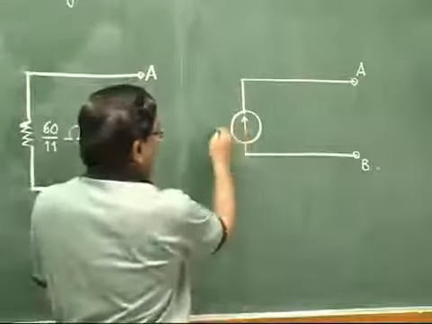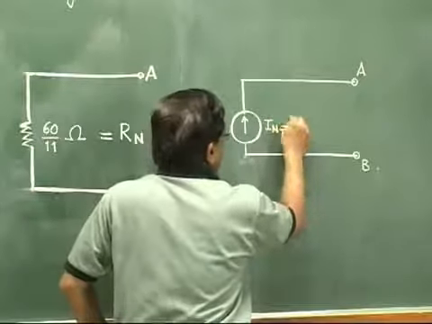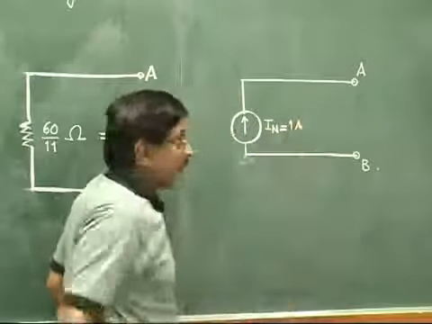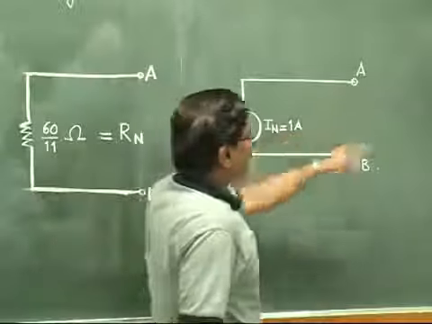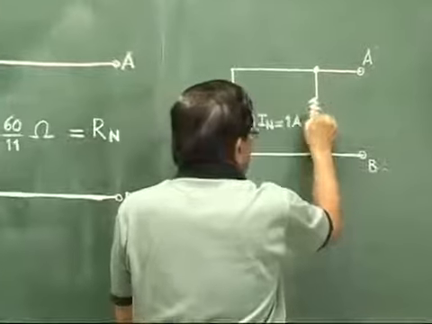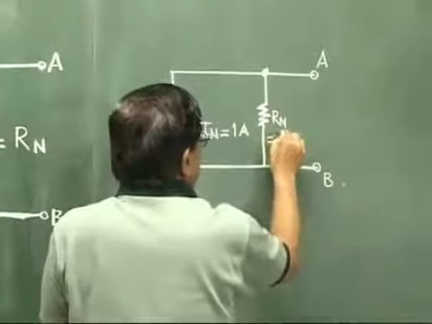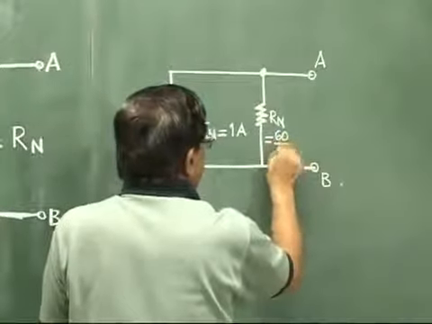Now this is our IN, and this IN is nothing but the 1 ampere that we have got. One more thing we have to show: RN. It is shown in parallel to the current source. So this is our RN, and its value we have calculated as 60 by 11 ohm.